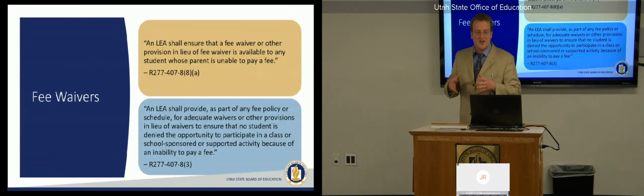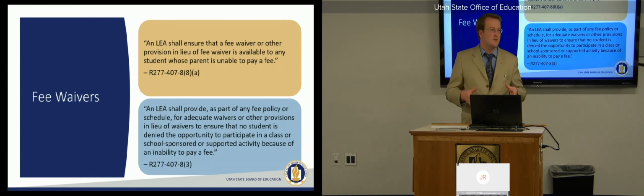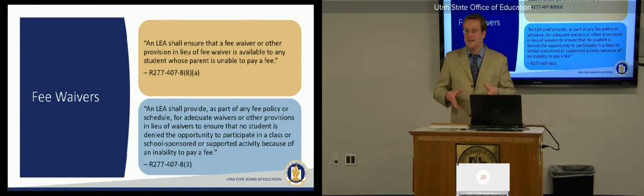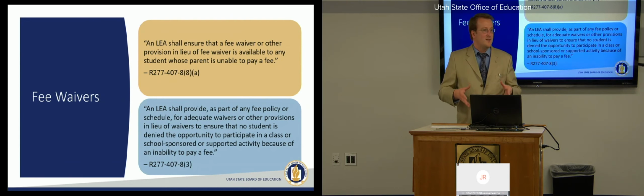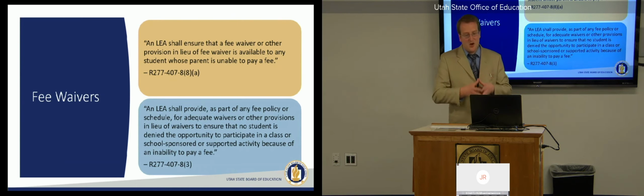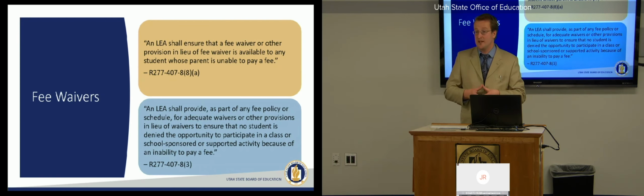The goal is that no student is excluded for an inability to pay. That's what we're looking for. But again, a lot of that is local control, local decisions. The goal is that no student is denied the ability to participate.